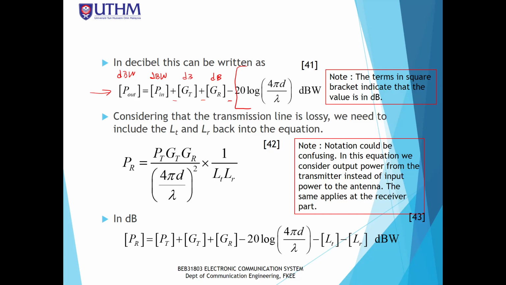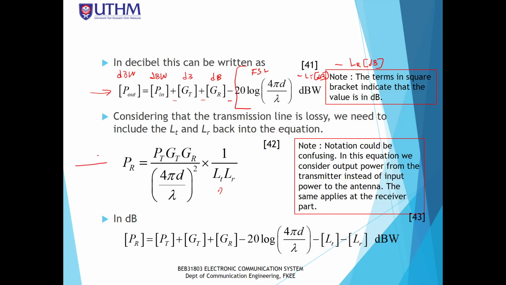Here is the FSL, so minus all the losses. If we have LT and LR, we do minus LT in decibel, and another one minus LR, also in decibel. Everything here is losses.